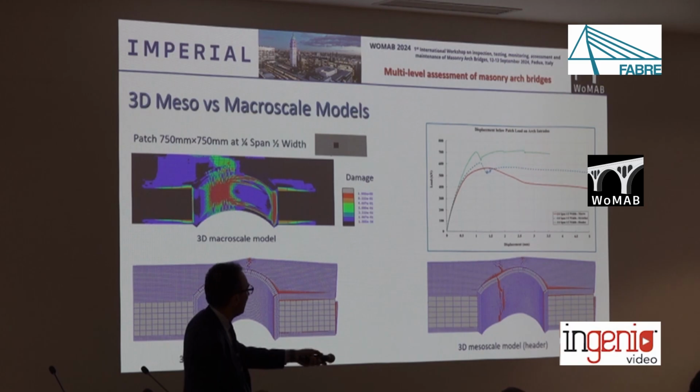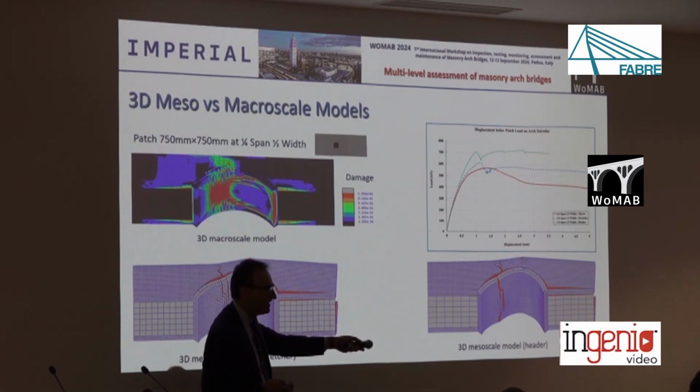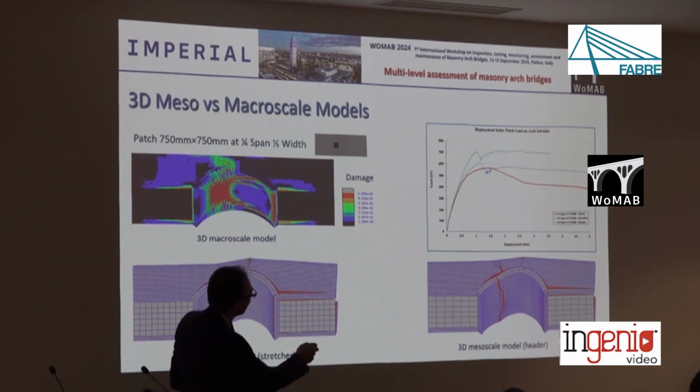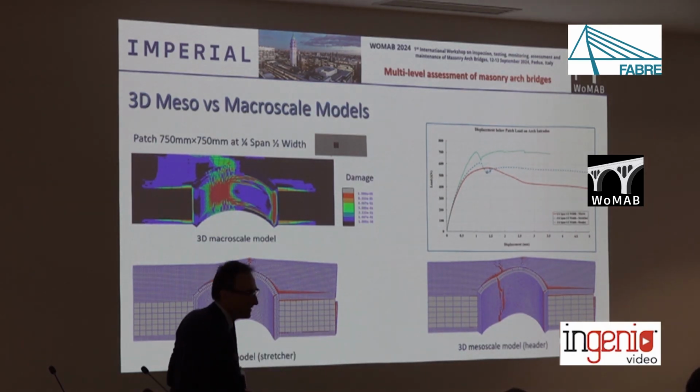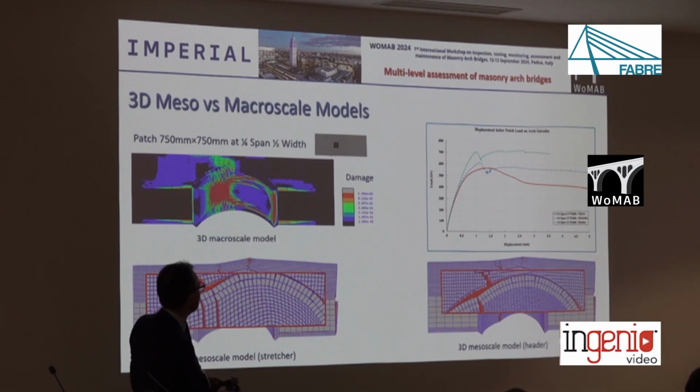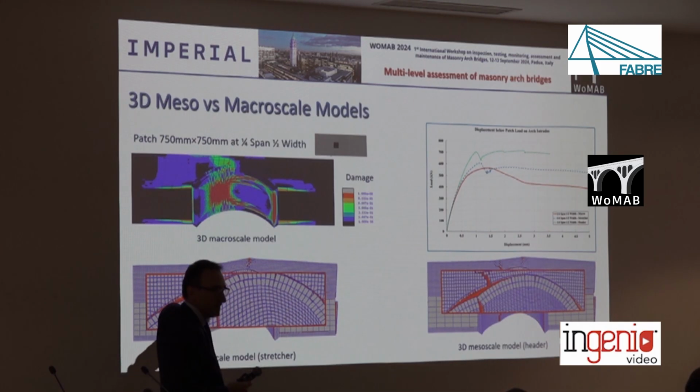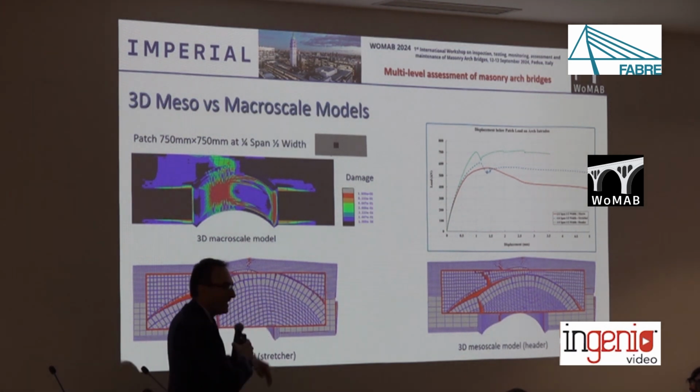If you consider a mesoscale header bond, so no ring separation, the header bond prediction is much higher. Here we are talking not about 5%, 10%, we're talking about a quite significant distance between the mesoscale and the macroscale prediction. And we can see in the detail, right? Stretcher bond, we have sliding, diagonal, radial cracking, but not typically continuous throughout the thickness because of the sliding behavior.